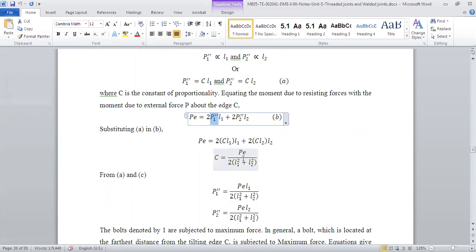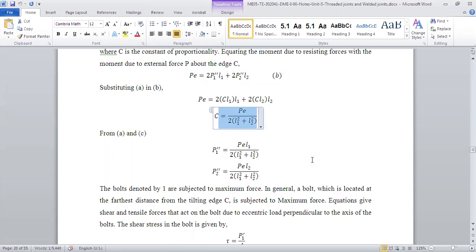If the bolts are not symmetric, then we can take L1 square plus L2 square plus L3 square plus L4 square. So we get the same formula as for the shear case. Putting that back, we get P1 double dash, the tensile load, equal to P E L1 upon twice L1 square plus L2 square. Similarly, we can get the load in bolt 2.